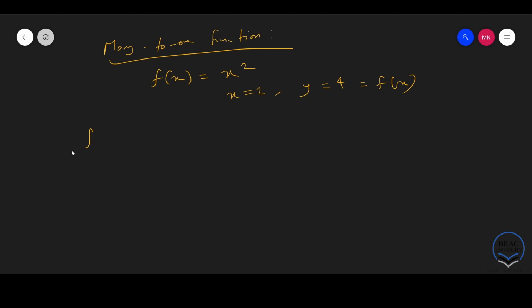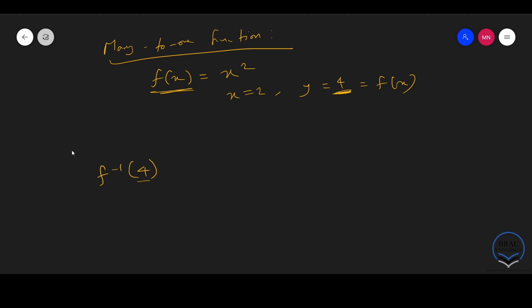Then if I find the inverse function, and I take my output of function f as an input into the inverse function, then f inverse of 4 will give us what value exactly? Will it give me 2 or -2?